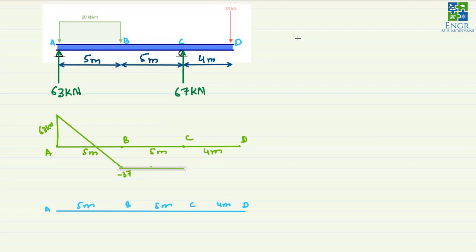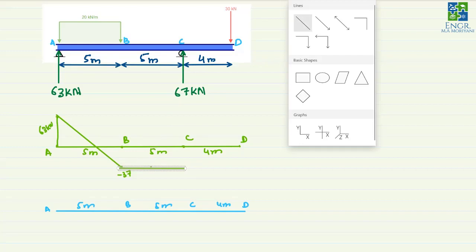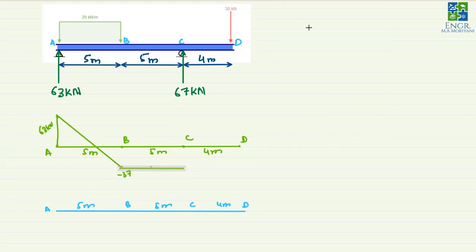But at point C, because we have a concentrated force of 67 kilonewtons, there should be a sudden change of 67 kilonewtons. If the initial value is minus 37, we add 67 to it, which yields plus 30.